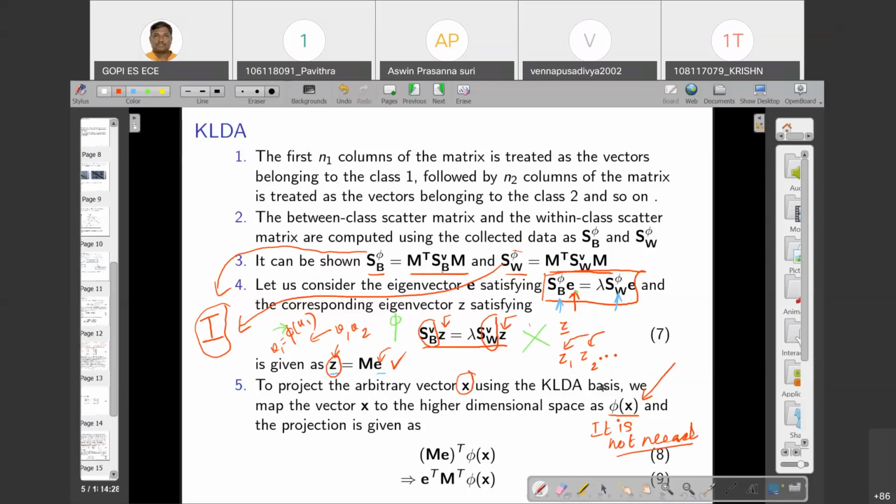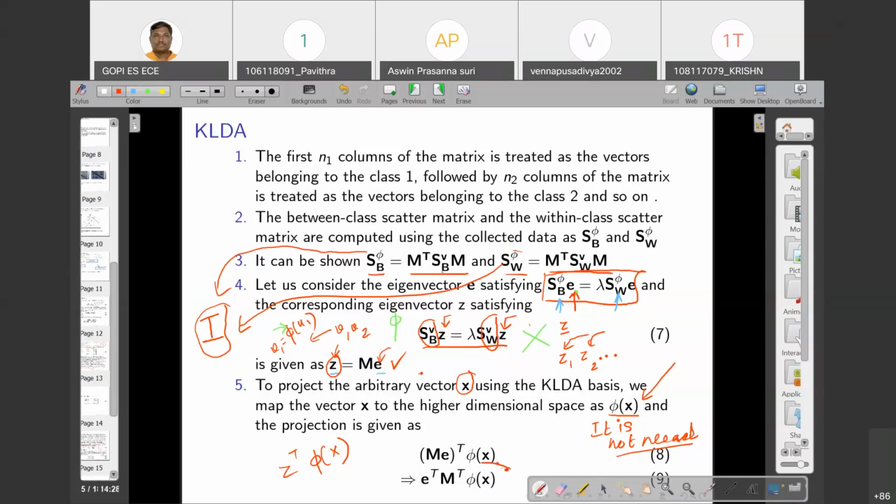We need to map to the higher dimension, so we have phi of x. Mapping means Z transpose phi of x. That is the projection onto this vector. And Z is nothing but M into E. So (M into E) the whole transpose phi of x, which is E transpose M transpose phi of x.